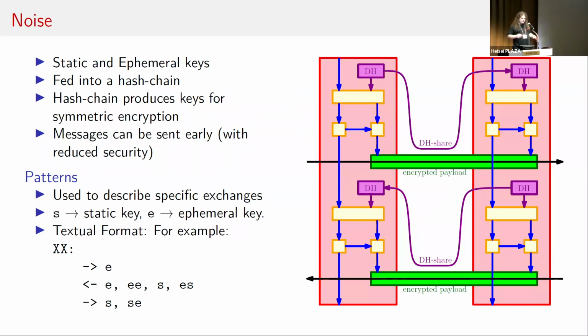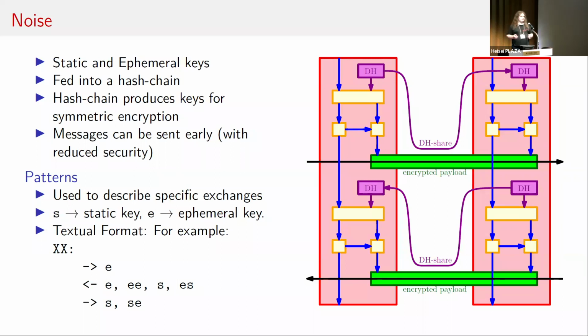Let's still take a short look at how this works regardless. In classical noise, we have static keys and ephemeral keys. A static key is a long-term secret generally used to identify yourself and get authenticity, though it can also give you some kind of confidentiality, in this case with Diffie-Hellman, later on with key encapsulation mechanisms.